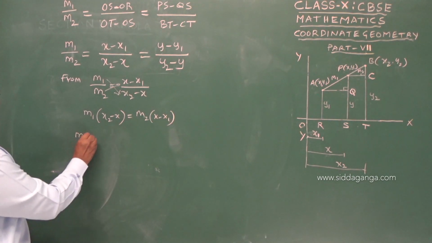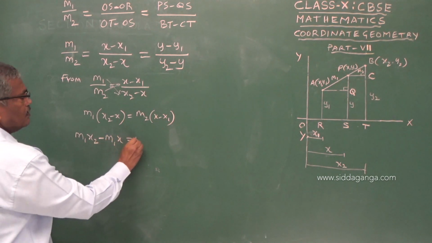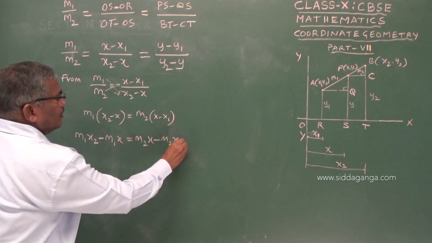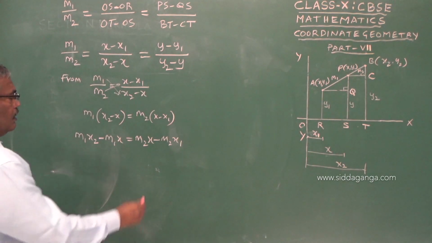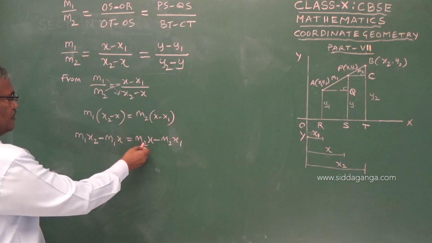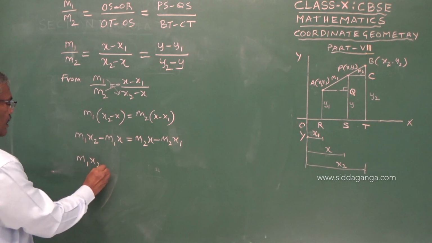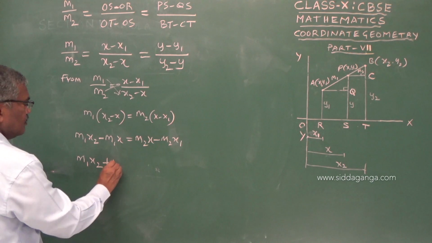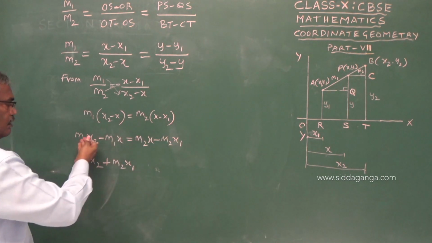Now M1 x2 minus M1 x equals M2 x minus M2 x1. Now you carefully take x to one side, so that becomes M1 x2, and this minus M2 x1 becomes plus M2 x1, since I am transferring this minus value to this side.